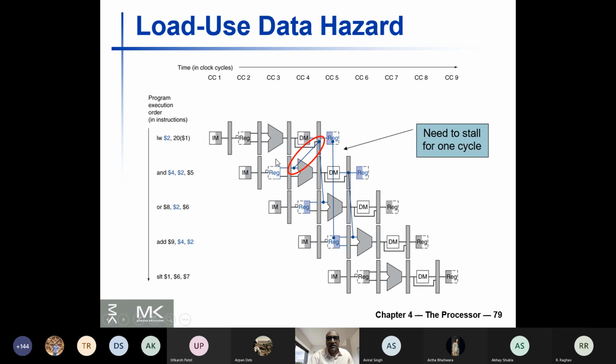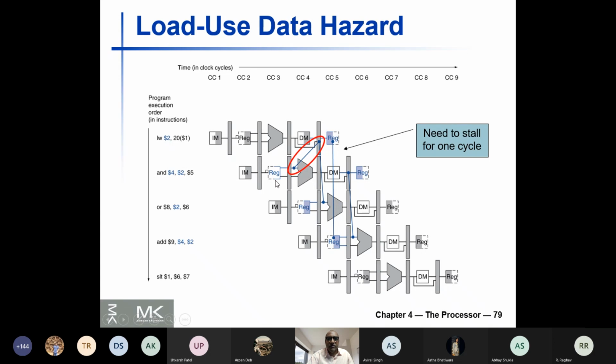At that time, the load instruction's execution is happening in cycle 3, while the arithmetic instruction is being decoded. Knowing this, we cannot forward. That means the AND instruction cannot be pushed into the execution stage. It has to be stalled.